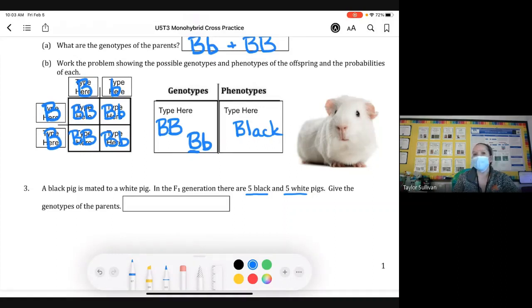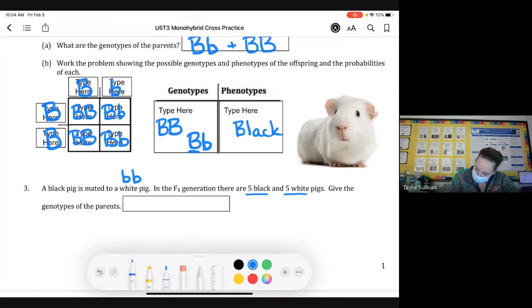What was our letter for white? Which one do we use, the big or the little? The little, right? The babies need to get a white allele from both parents, because we need two copies of the little b to actually be a white guinea pig. So this guinea pig would have the genes little b, little b.